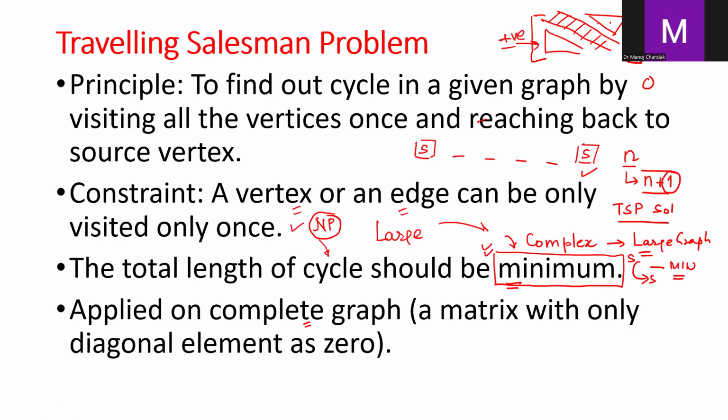That is, a of i comma j will not be the same as a of j comma i, so the distance to travel from a vertex in a directed graph will not be the same as from the destination back to the source. This may not always be a constraint, but it is just an idea to make the problem a little more complex.